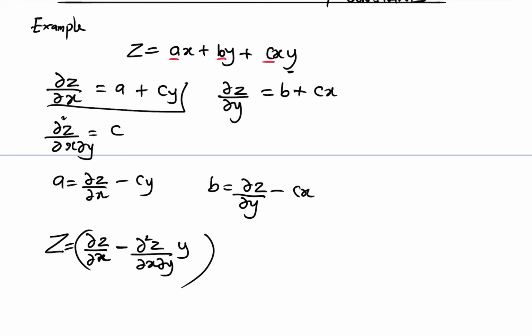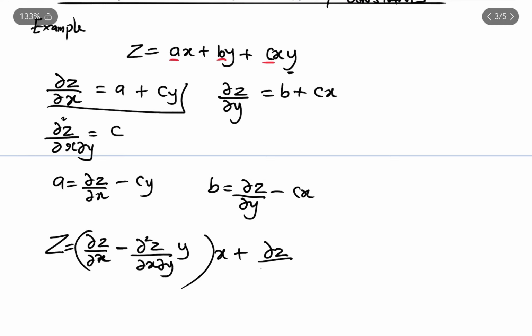Yes, or bracket x plus, what is our b? Our b is also dz dy minus cx. C is also the second derivative dx dy times x.